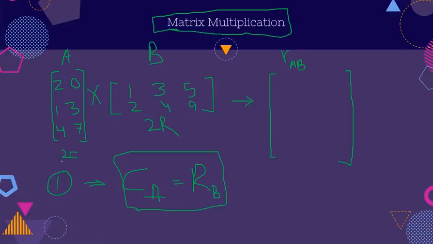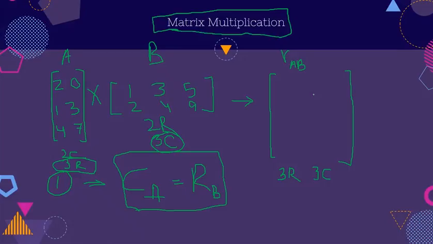A has two columns and three rows, and B has two rows and three columns. The resulting matrix will have the number of rows of A and the number of columns of B as its dimensions. So the dimensions will be 3R and 3C: three rows and three columns.